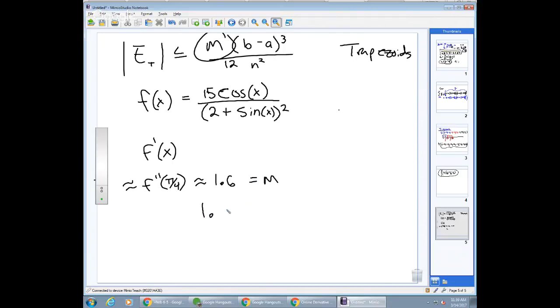So 1.6 times my interval cubed. My interval was pi over 2 to negative pi over 2, which is pi wide, over 12 times n, which was 8 squared. So this is about my error here. Let's calculate that.